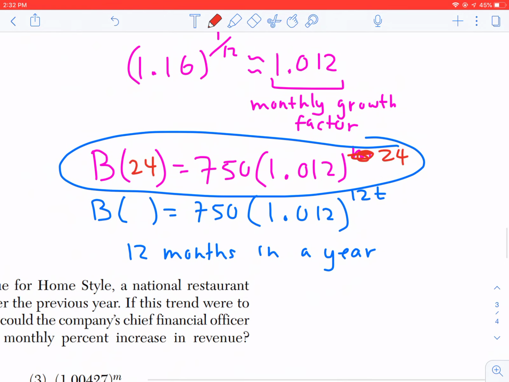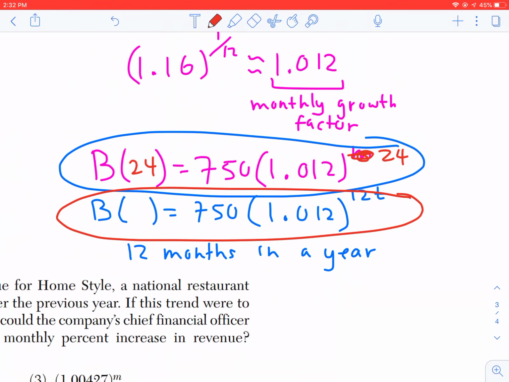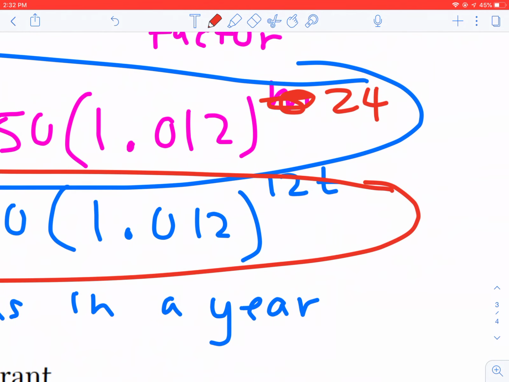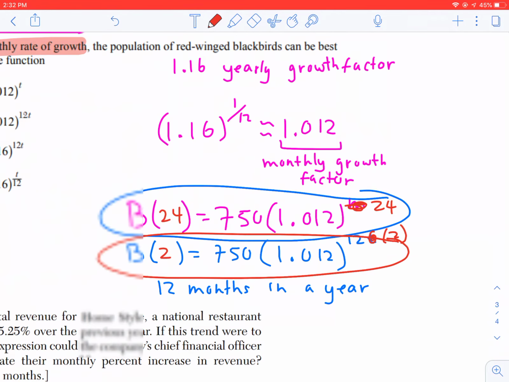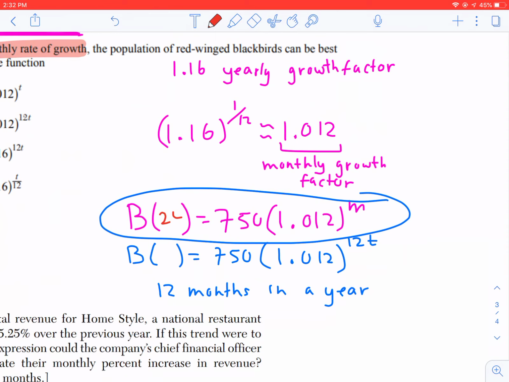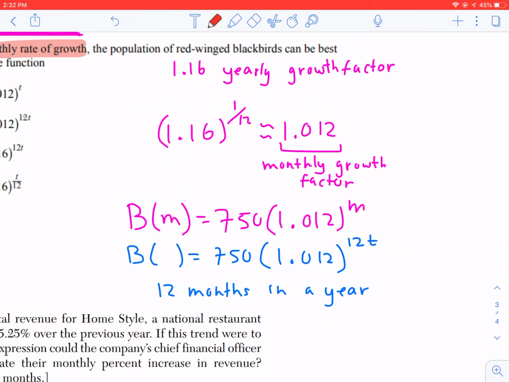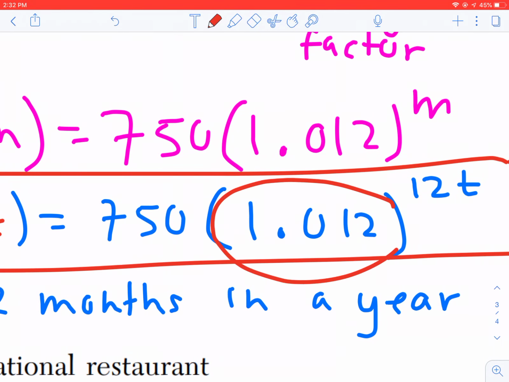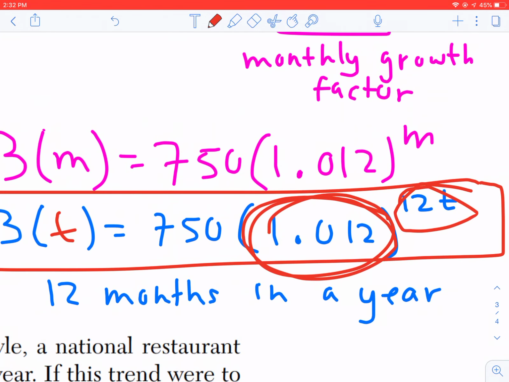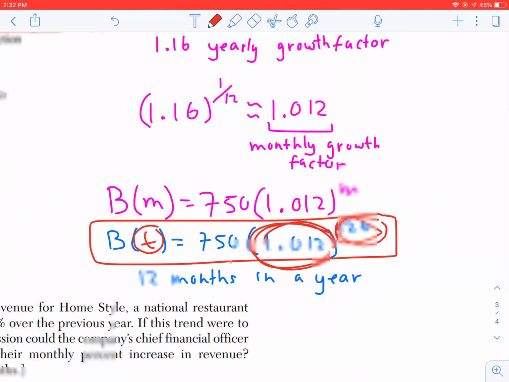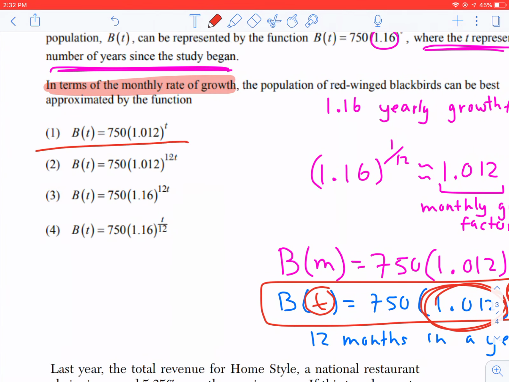So using this formula in terms of t, after 2 years, t is number of years, b of 2 should equal, that's why it's 12 times 2. All right, so my answer is going to be this equation. So that's the monthly growth factor here, right? But we're still using it in terms of years, so that's why the exponent here changes to 12t. All right, and that is choice number 2.